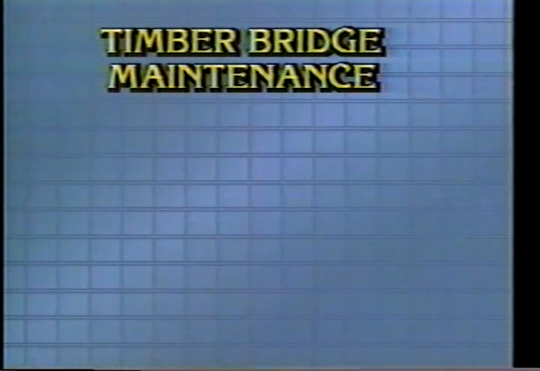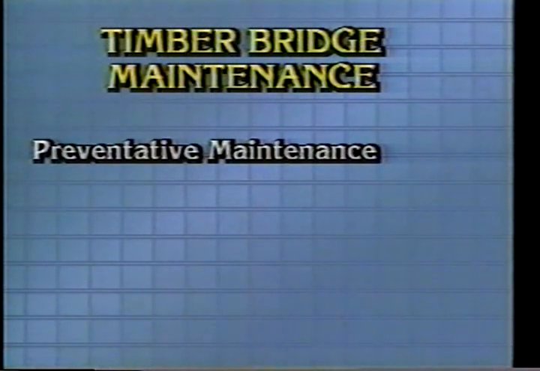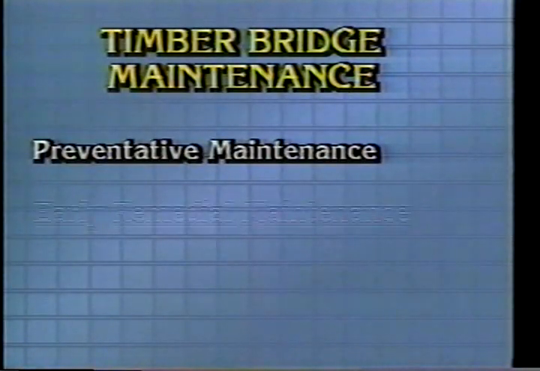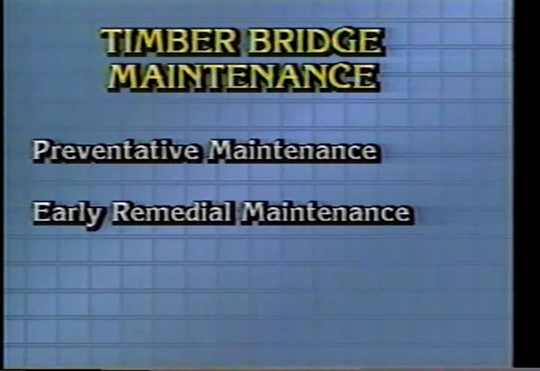Timber bridge maintenance can be divided into three categories. The first is preventive maintenance. In this area, decay has not yet started, but conditions which are conducive to decay are present. Moisture control and some in-place preservative treatments are probably the most effective maintenance measures for preventive maintenance. The next category is early remedial maintenance.